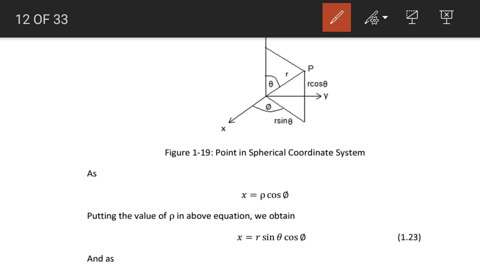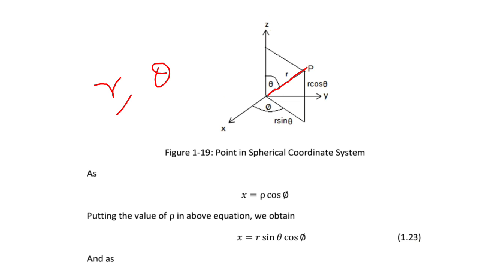So we consider this line which is represented by r, and you see this line makes an angle theta with respect to z-axis. So you see r makes an angle theta with respect to z-axis.